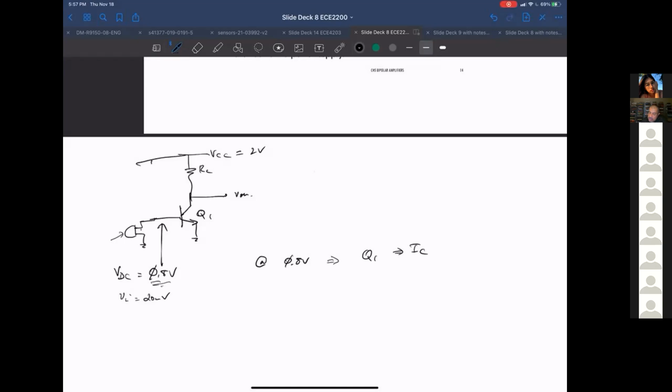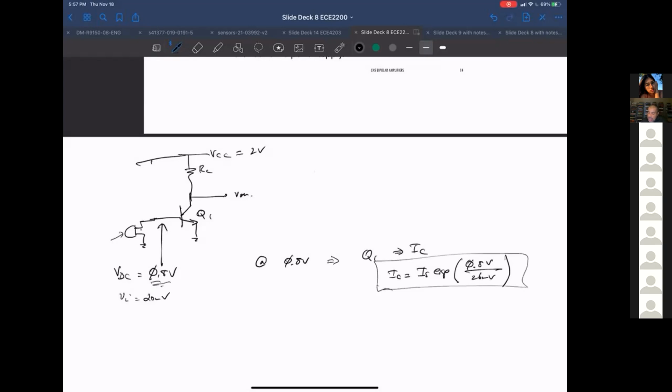And that I sub C is gonna be I sub S exponential of 0.8 volts over 26 millivolts. You follow me so far? Okay, so that's the collector current I'll have. That's what I want to have.